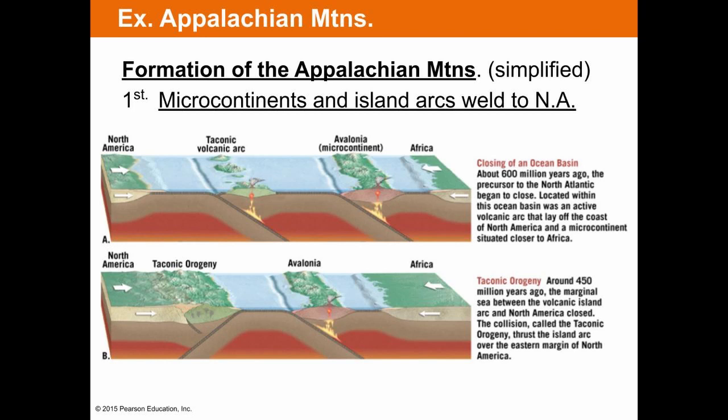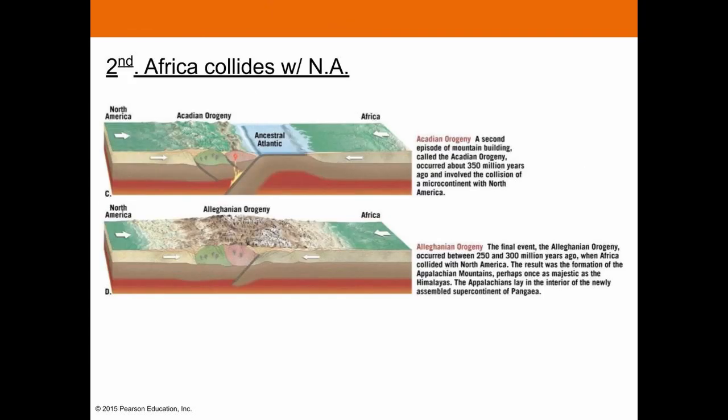Eventually, Avalonia itself also runs into North America and its continent, creating this gigantic multi-continent cluster of the Acadian orogeny. Africa eventually slams in about 250, 300 million years ago, buckling up all this already produced orogeny, creating what we now call the Appalachian Mountains.